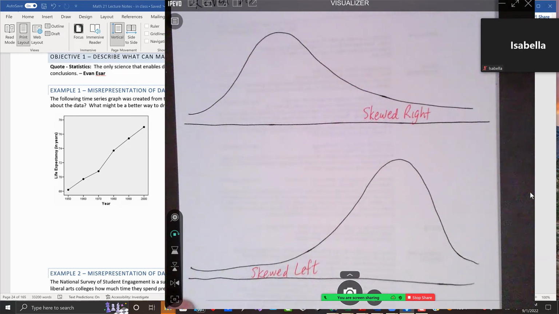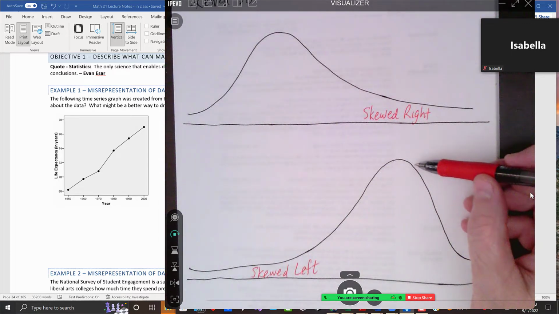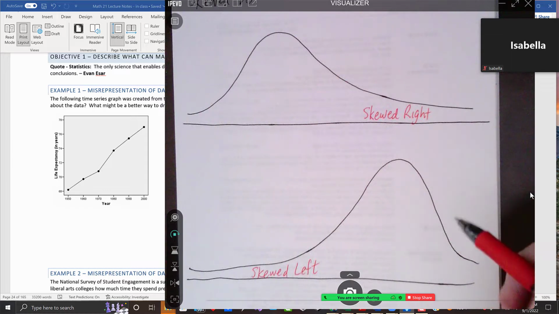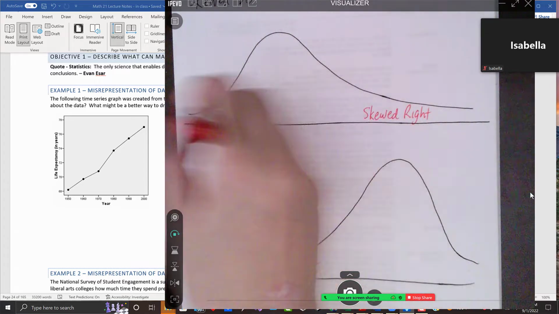I personally, it drives me nuts. I get it, I understand it, but when I think right, I want to think, well, where's the hump at? Where's the big amount at? And it doesn't work like that. These sides are called tails.